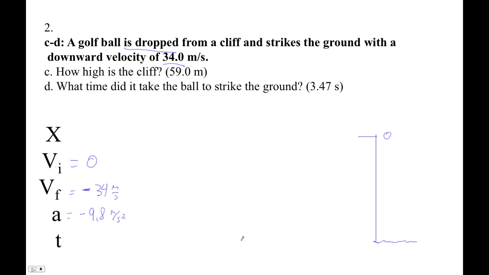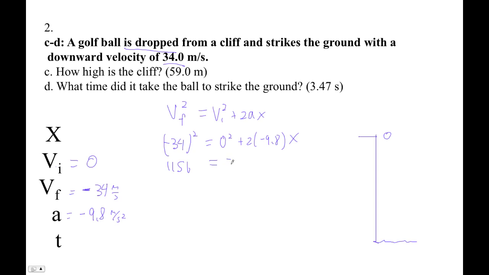There it is, right? And then it wants to know how high the cliff is. I think use no t for x, right? So Vf squared is Vi squared plus 2ax. So minus 34, the quantity squared, is 0 squared plus 2 times negative 9.8 times x. 34 squared is 1156.